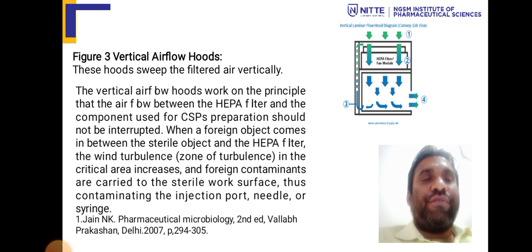The vertical airflow hood works on the principle that the airflow between the HEPA filter and the components used for CSP preparation should not be interrupted. When a foreign object comes in between the sterile object and the HEPA filter, the zone of turbulence in the critical area increases, and the foreign contamination is carried to the work area, thus contaminating the injection port, needle, or syringe.